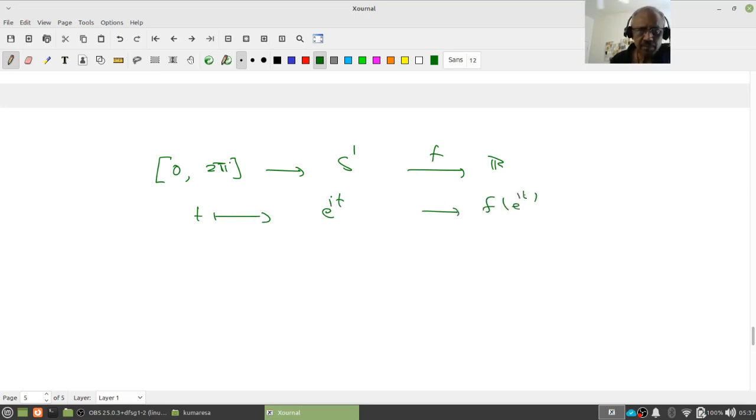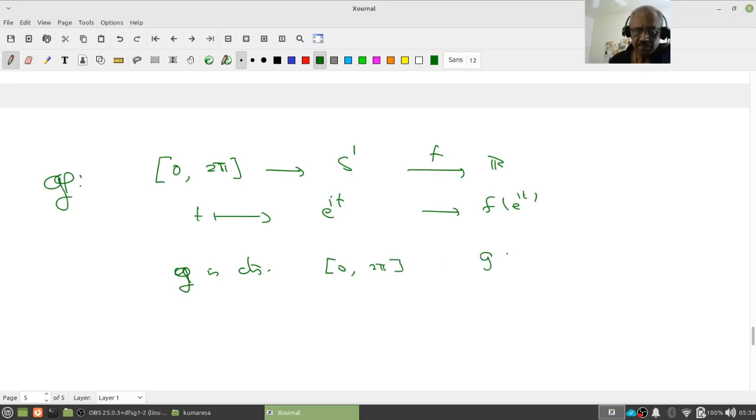This map, call it g, is continuous. It's a continuous function on the interval 0 to 2 pi.